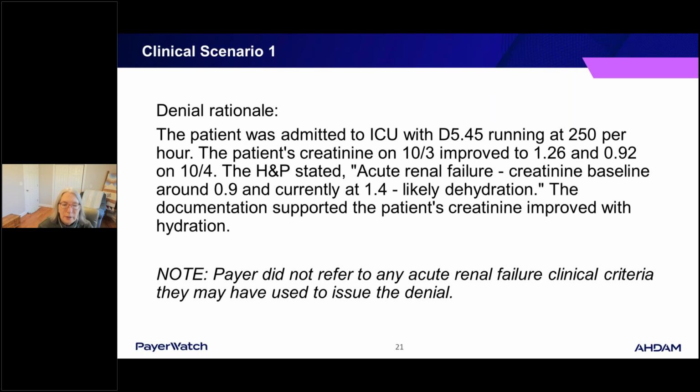Are they saying this should not be coded following coding guidelines, or are they saying this isn't clinically supported? My advice is, if you're not sure whether they're denying it for coding reasons or clinical validation reasons, I would argue both, that it was appropriately coded and it was appropriately clinically supported. That way you're covering both bases.